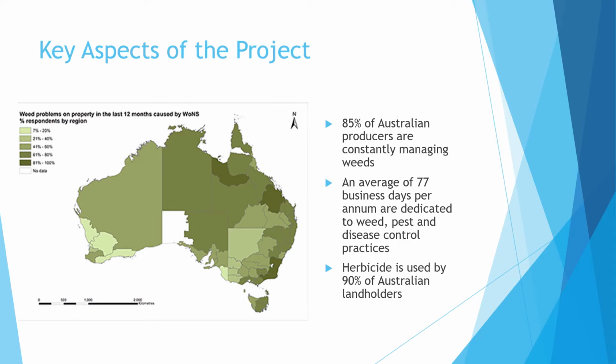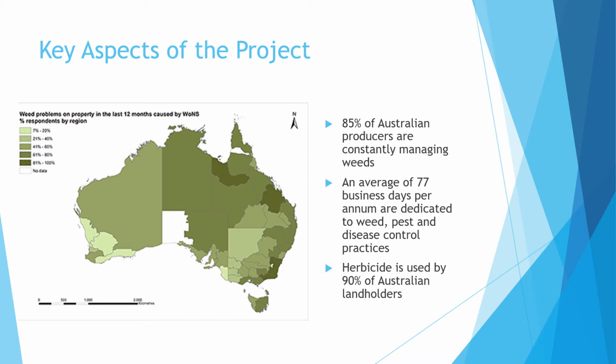The key aspects of the review on integrated weed management consisted of an analysis of the practices being used by Australian producers to manage weed problems in Australia. The four categories of weed management, being that of chemical, biological, physical, and cultural, have all been assessed. The second component of the project was assessed on how weeds impacted the environment as well as rural productions.